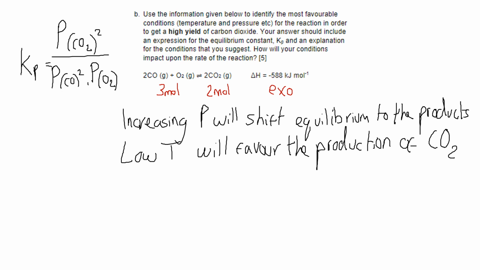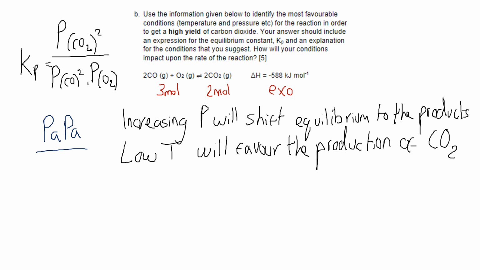Now the question doesn't ask for this, but it might be helpful to think about what the units of Kp would be, just in case the question asked on it. It's not too difficult actually. If we assume that the units of pressure are pascals, there are loads of other units you could use, but let's just say it's pascals. You've got 2 lots of pascals on the top, because it's pascals squared.